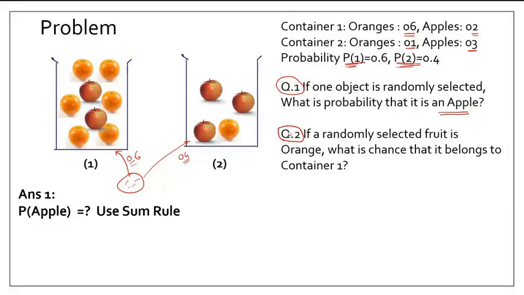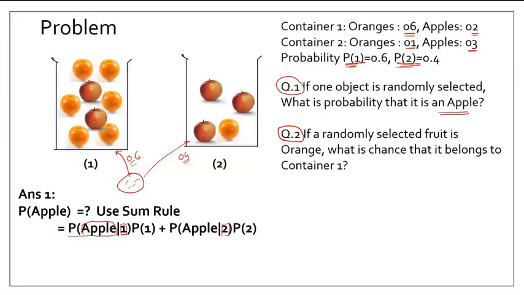So the hint is to use the sum rule. Now I can use this sum rule like this: probability of apple, because I am interested in apple. What is the condition? Given the container is 1. Since I am not interested in the container, I am adding the probabilities for container 1 and container 2.